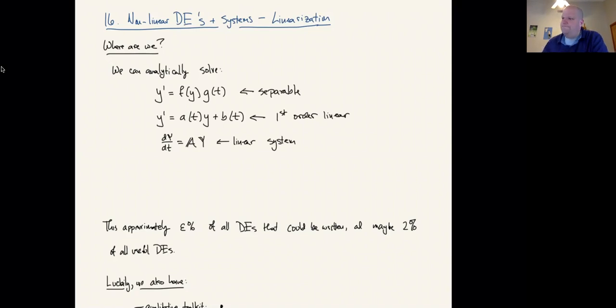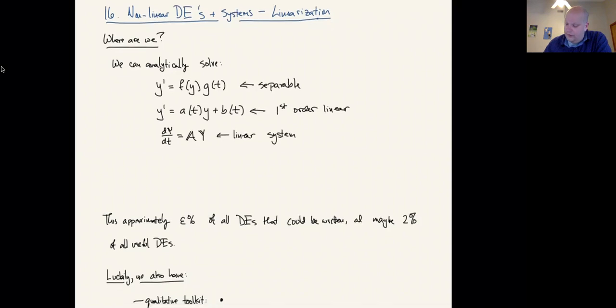And then finally, we used those linear system solving techniques to solve second order linear differential equations. And most recently, we've added the wrinkle of adding some forcing to these equations.